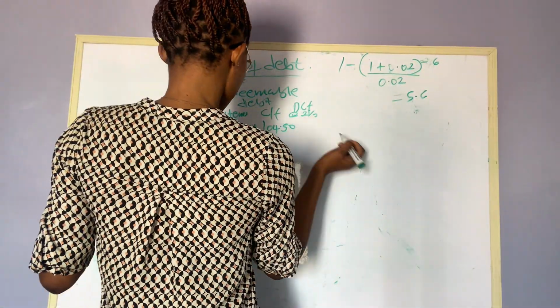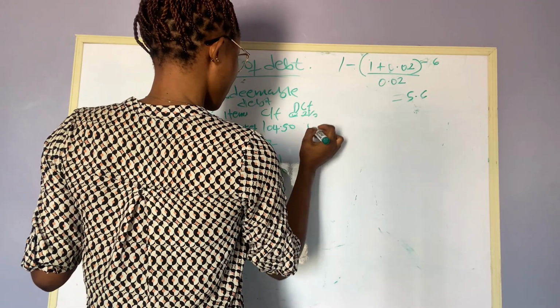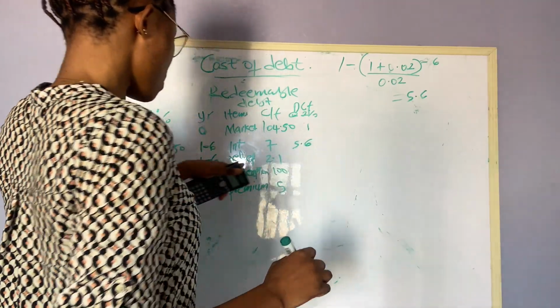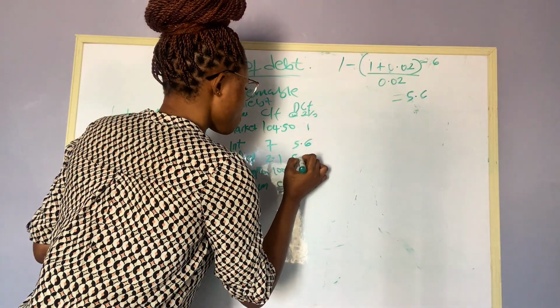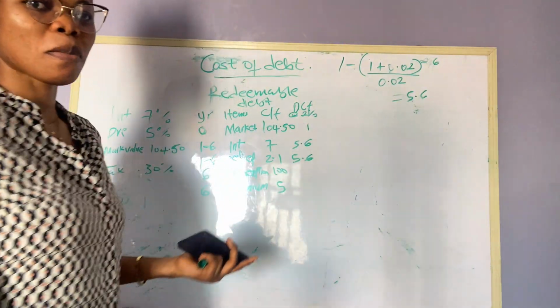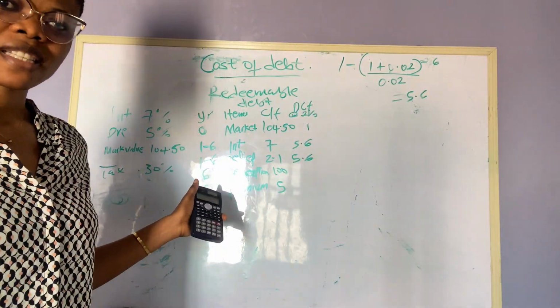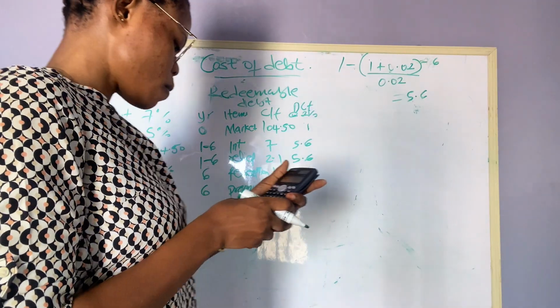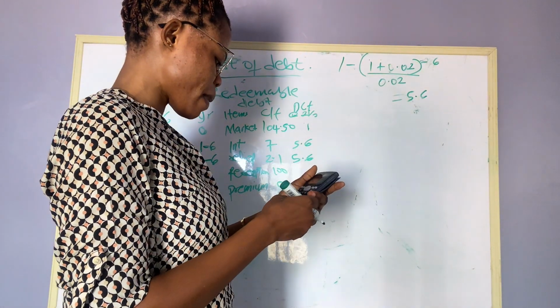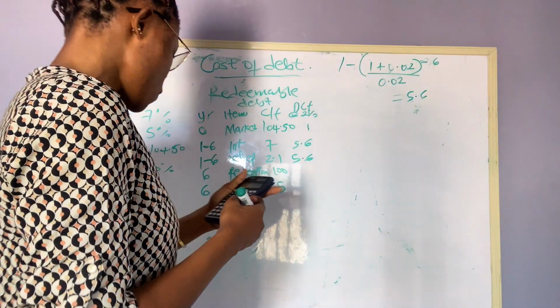So this one is going to be 1, and this will be 5.6. This one too is also going to be 5.6. Then for this one we use the normal one, because it's just for the 6 years, which is going to be 1 plus 0.02 raised to power minus 6.